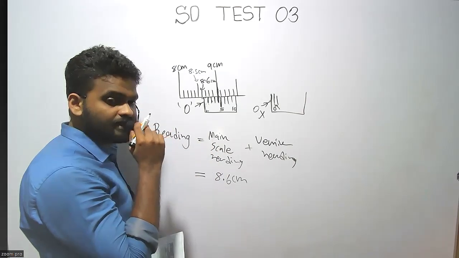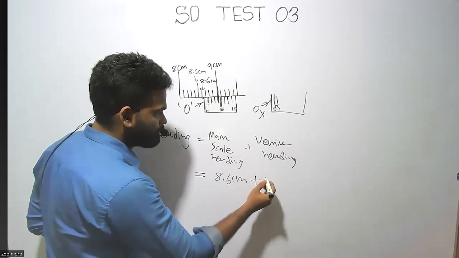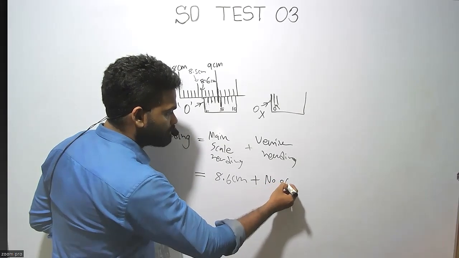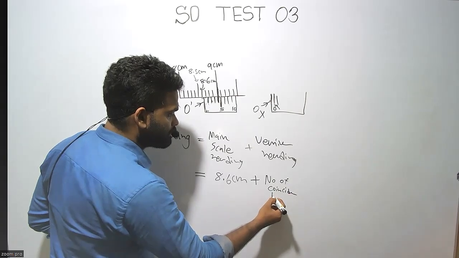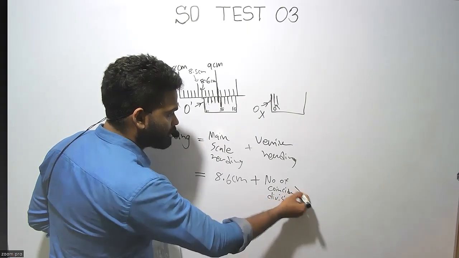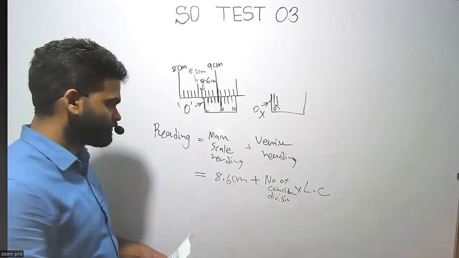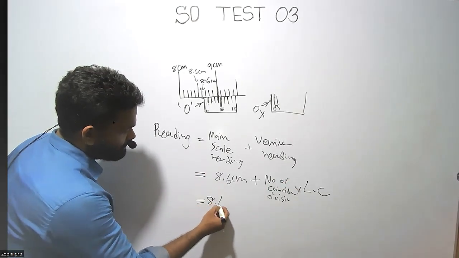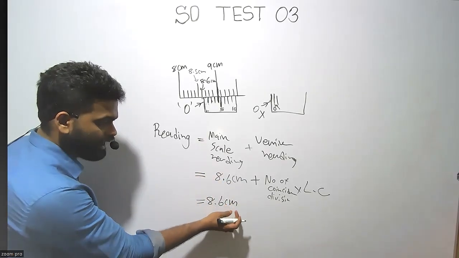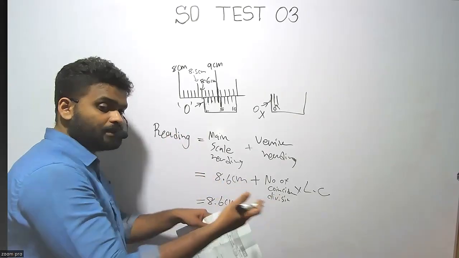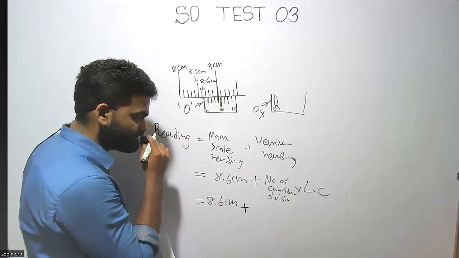So how do you find the vernier reading? Vernier reading is the number of coinciding divisions times the least count. You can always use this. When you're substituting values, always apply units, otherwise you might mix up centimeters and millimeters. So the main scale reading is 8.6 centimeters.